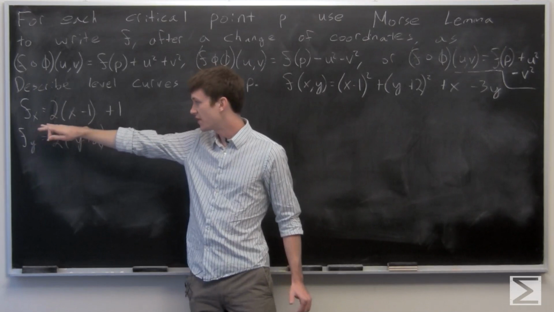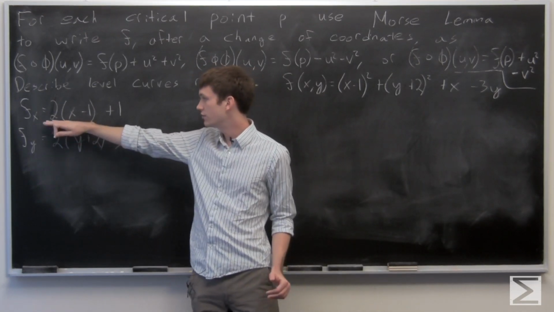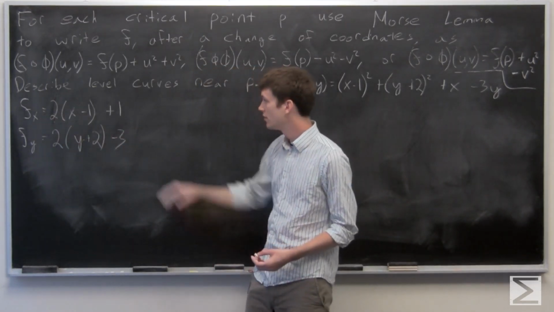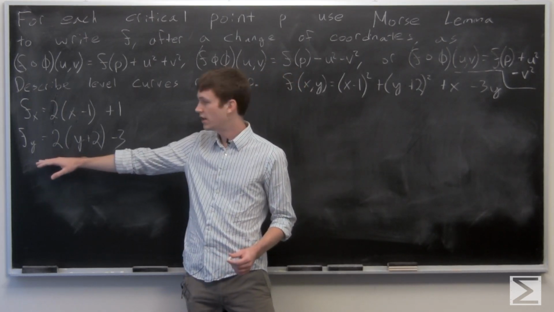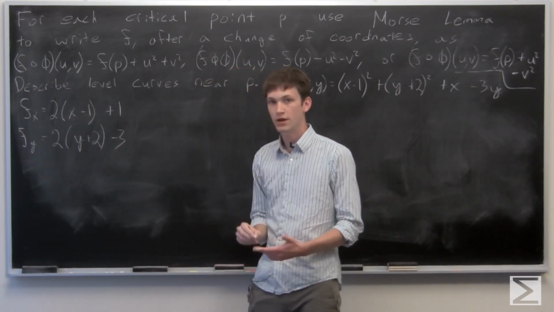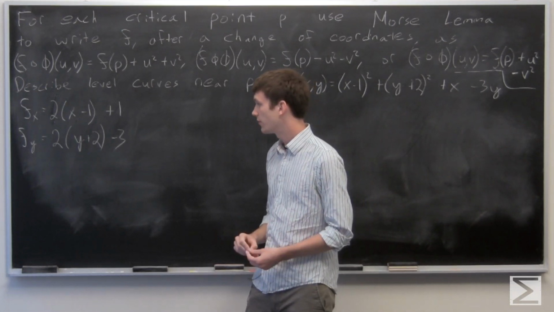The partial derivative of f with respect to x is 2 times the quantity x minus 1 plus 1. And f sub y is 2 times the quantity y plus 2 minus 3.